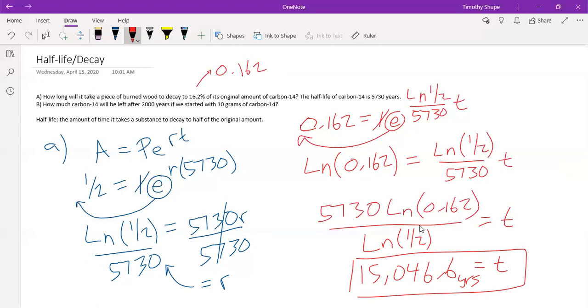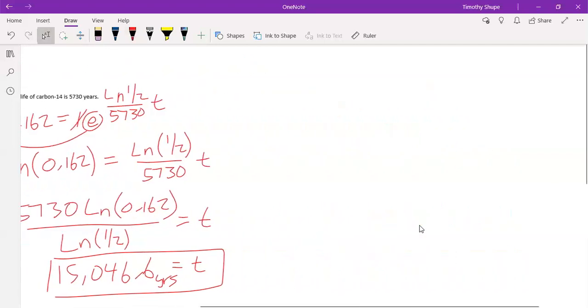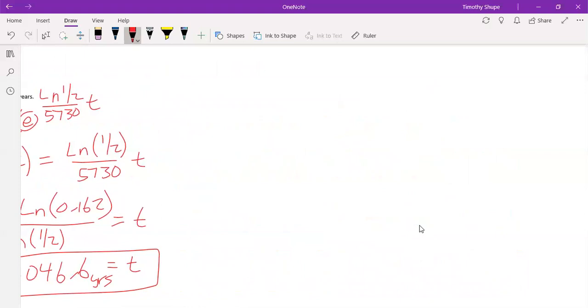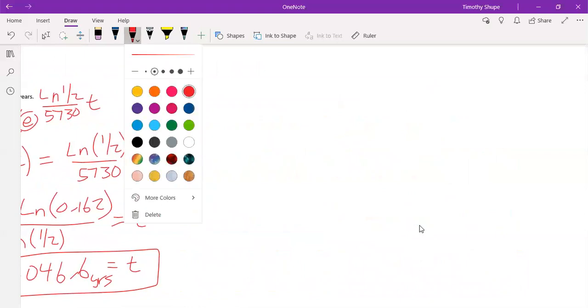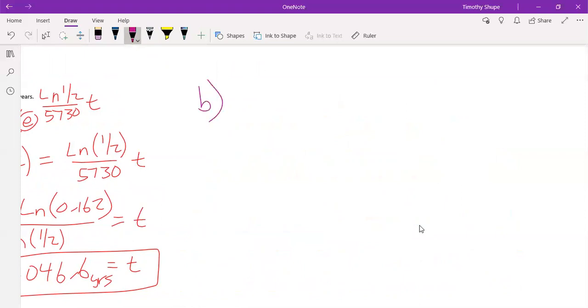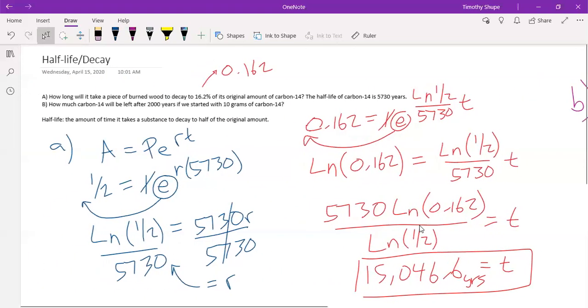So now I'm going to extend this and say part B, I'm going to come over here, and I want to be able to find the amount of carbon-14 that'll be left after 2,000 years if we started with 10 grams.